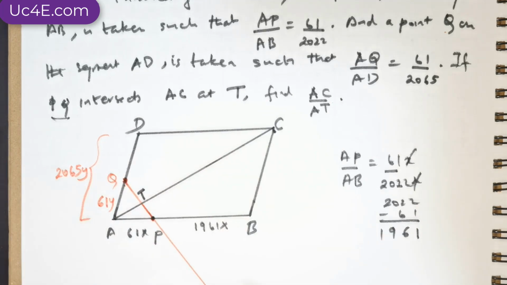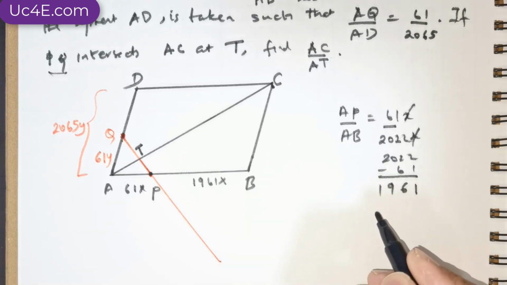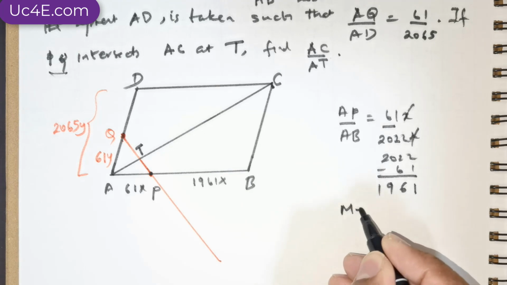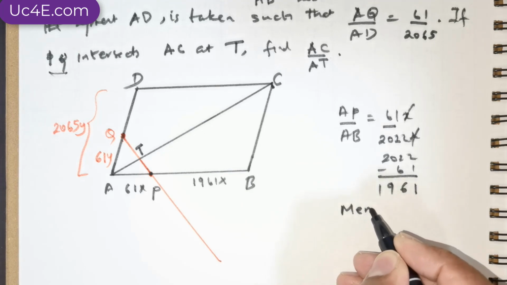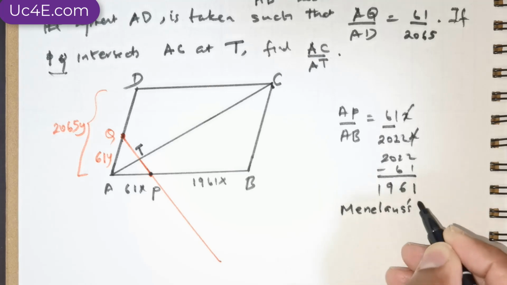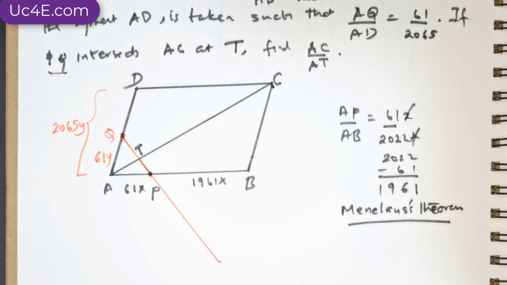Now I have extended this because I would be applying a very important theorem to solve this question. That theorem is called Menelaus' theorem. So what is this theorem exactly?